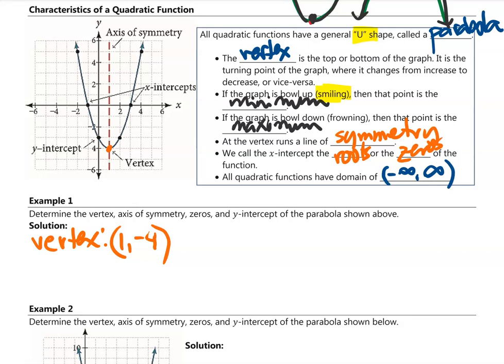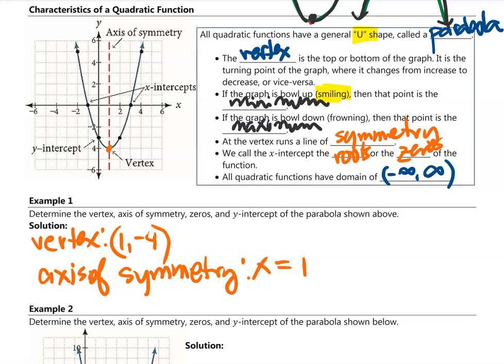Then the axis of symmetry is this dotted line here, at x equals 1. The y-intercept is the point on the y-axis, which is (0, -3).